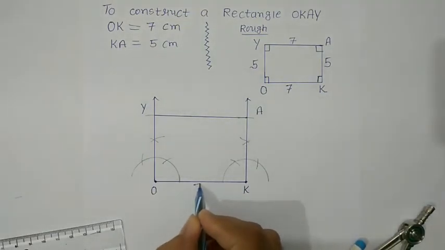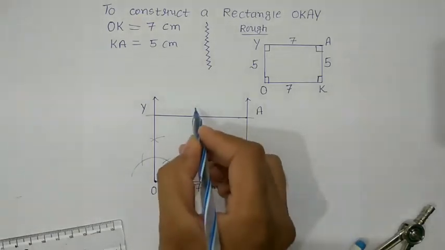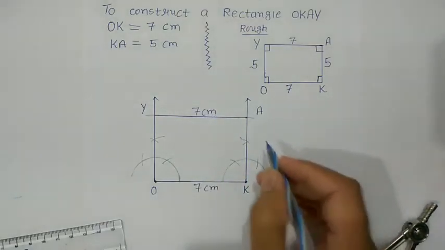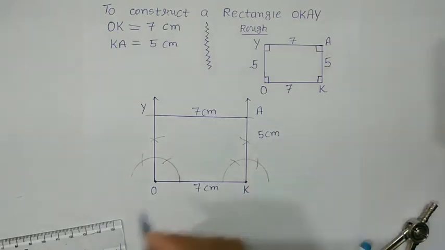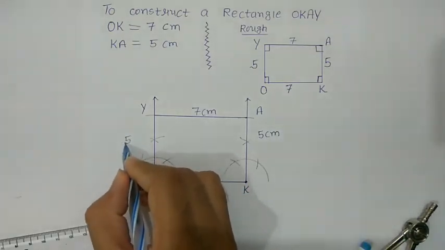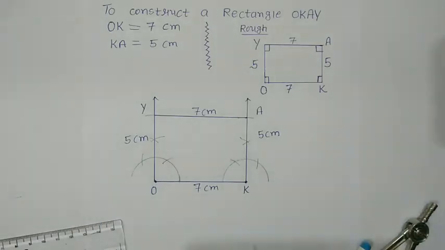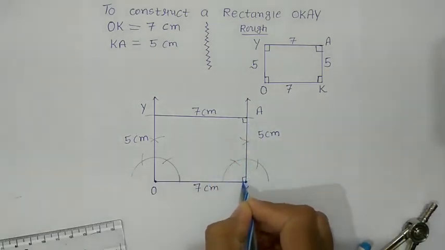This OK is of 7 centimeter. In the same way this also is of 7 centimeter. This KA is of 5 centimeter and YO is also of 5 centimeter. All the angles, we know, are of 90 degree.